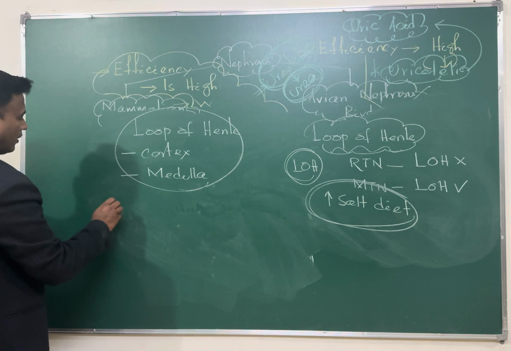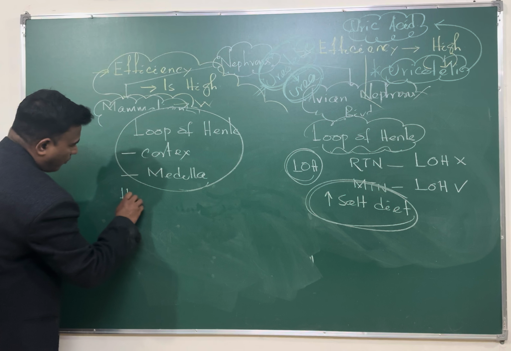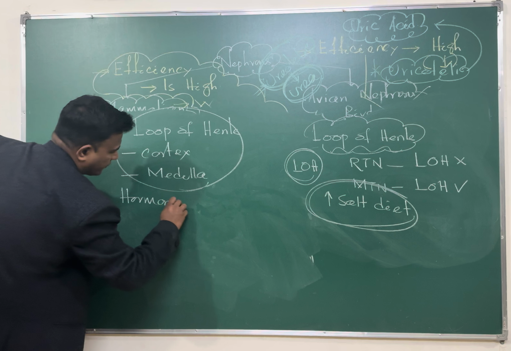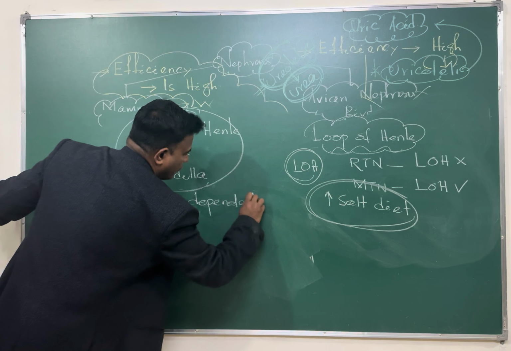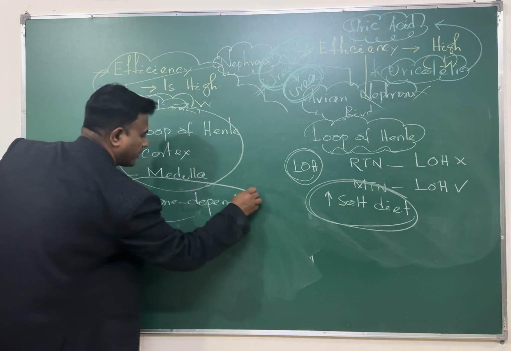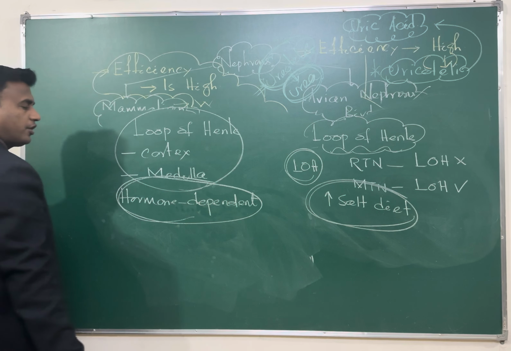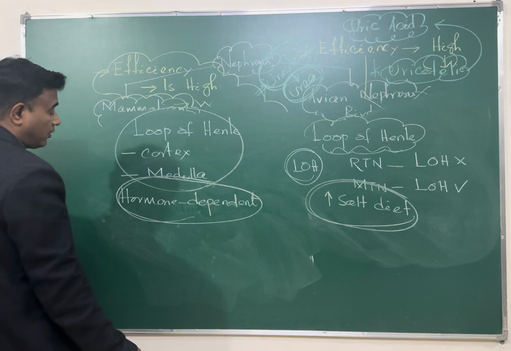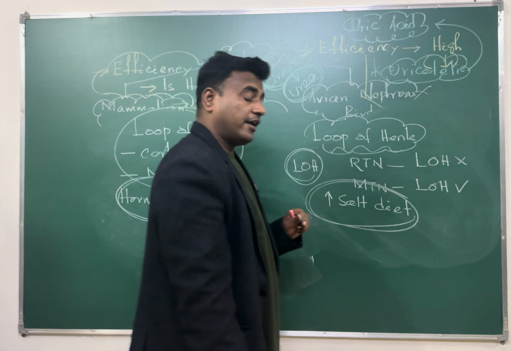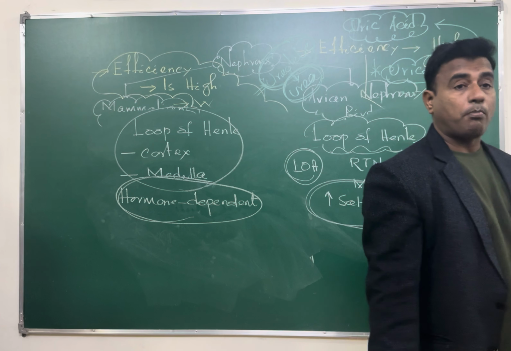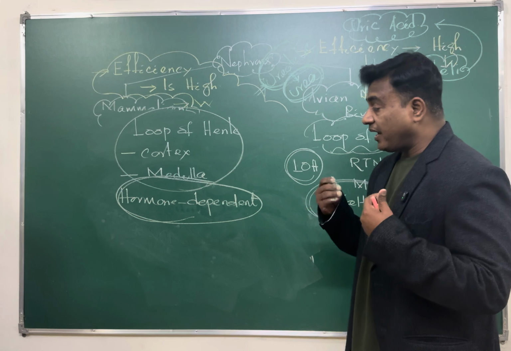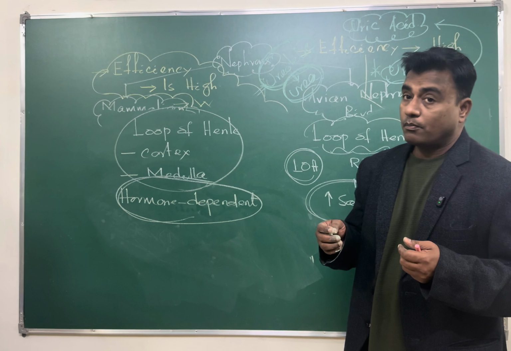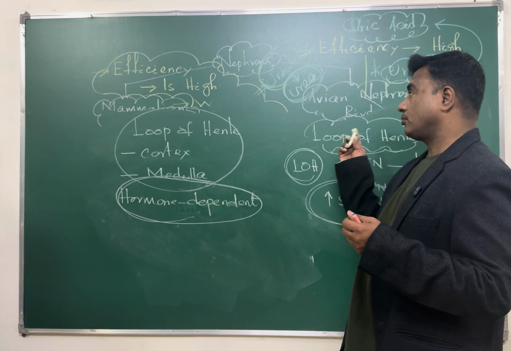Next, hormone dependent function, that is coming in my next lecture, where we'll see how the hormones are regulating the kidney function. Hormone dependent, and particularly the aldosterone, the ADH, they play the most important role in case of the mammalian nephron, and this makes the mammalian nephron more competent compared to that of the avian.